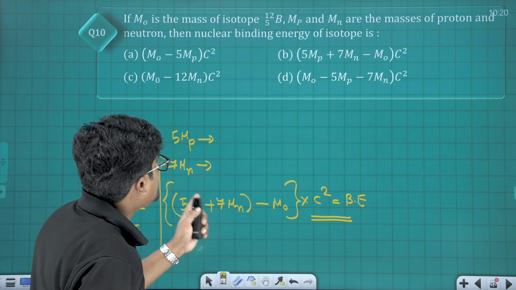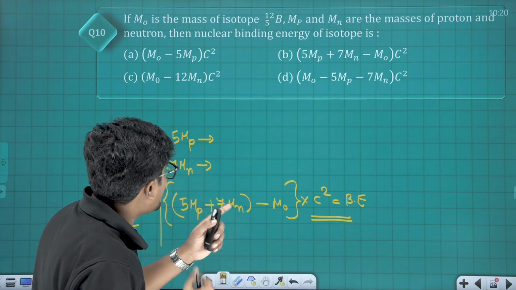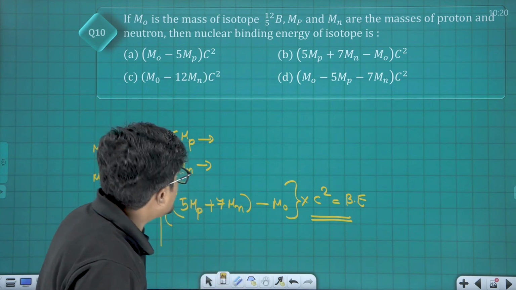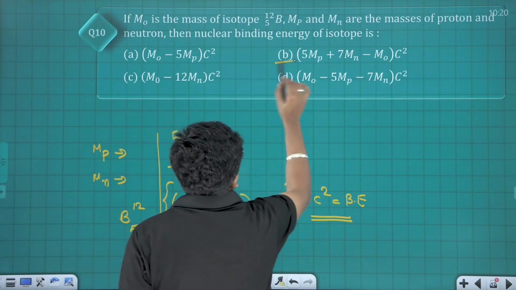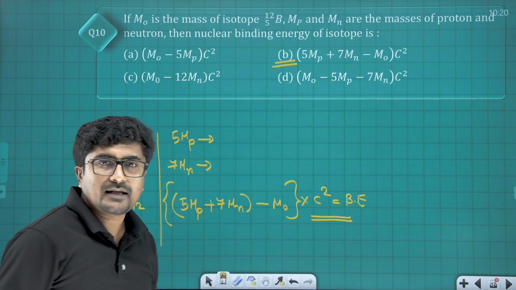So 5 times M suffix P plus 7 times M suffix N minus M O, into c square, needs to be the final answer. If I compare with the options, option B must be the correct answer.